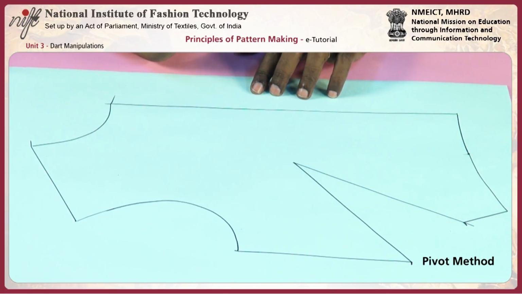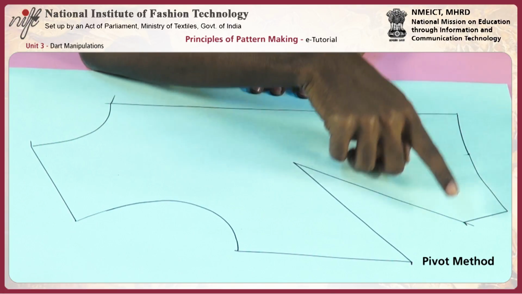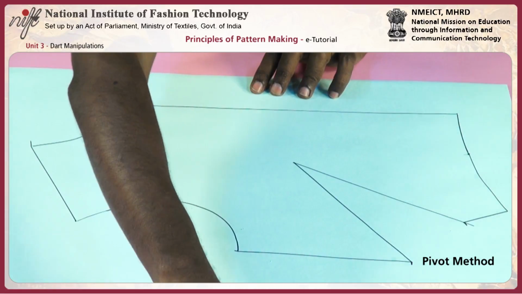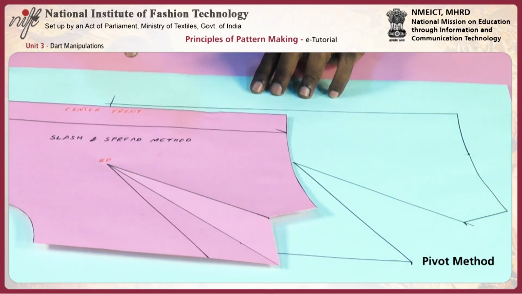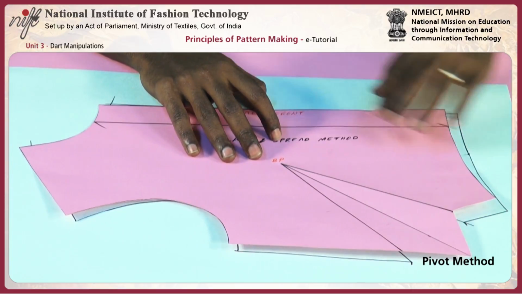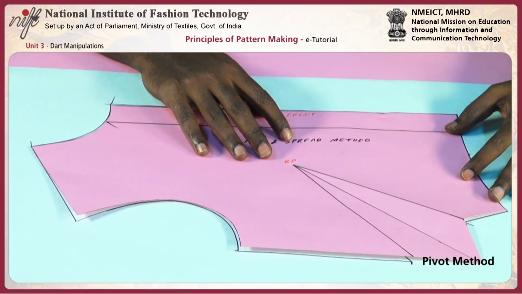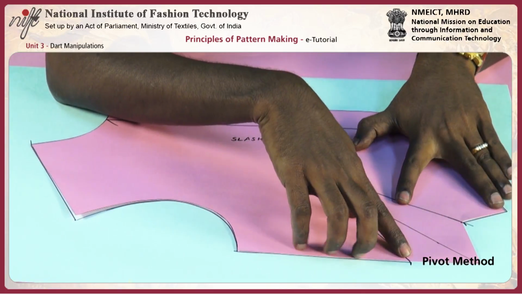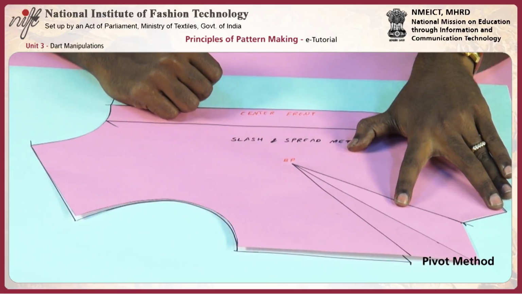Now we have transferred the base dart to a French dart by using the pivotal transfer method. You can compare this pattern with the slash and spread method. You can see the darts coming in the same position.